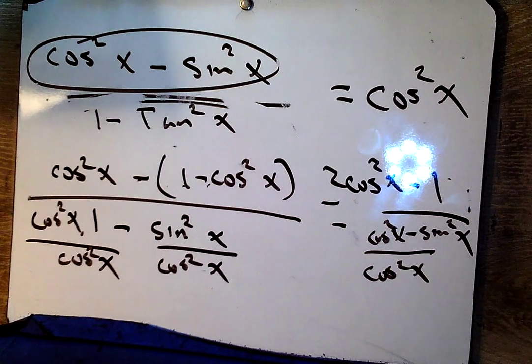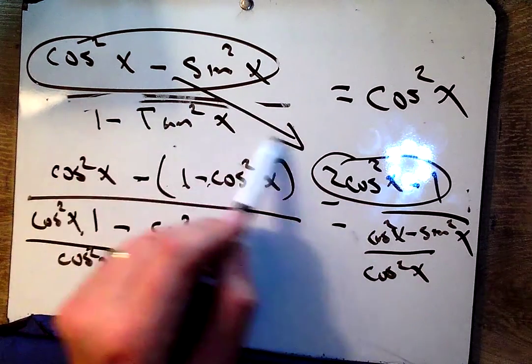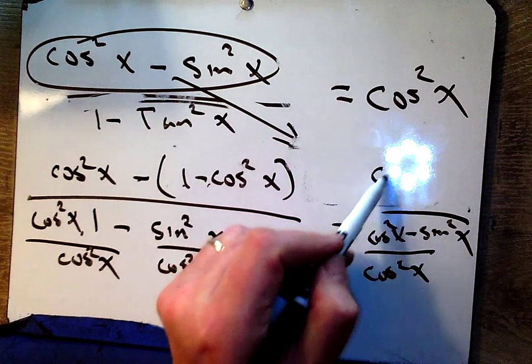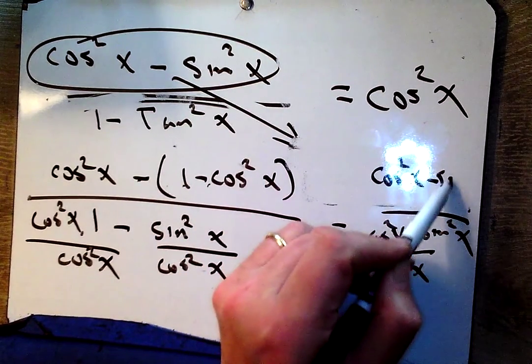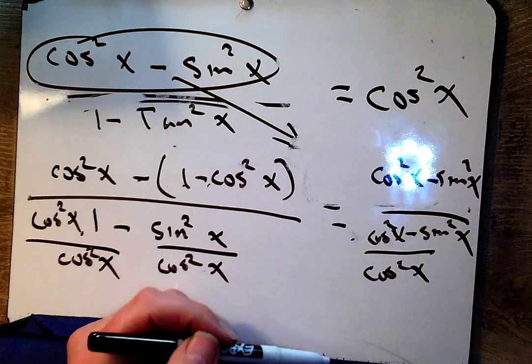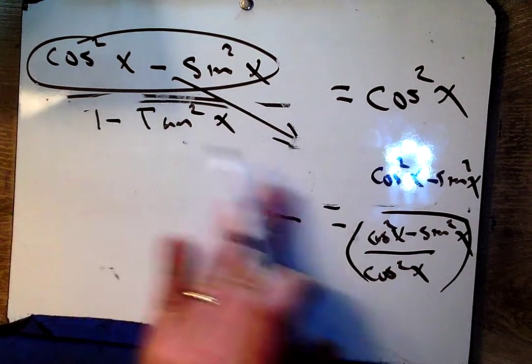Well, remember that this was originally cosine squared minus sine squared. I think I'm going to go back to that. And the reason being is because I see this cosine squared minus sine squared. But I need to do flip and multiply. So let's try that.